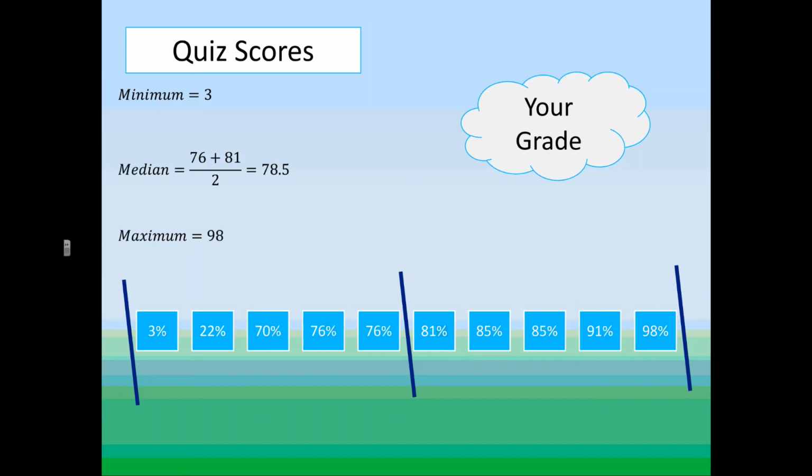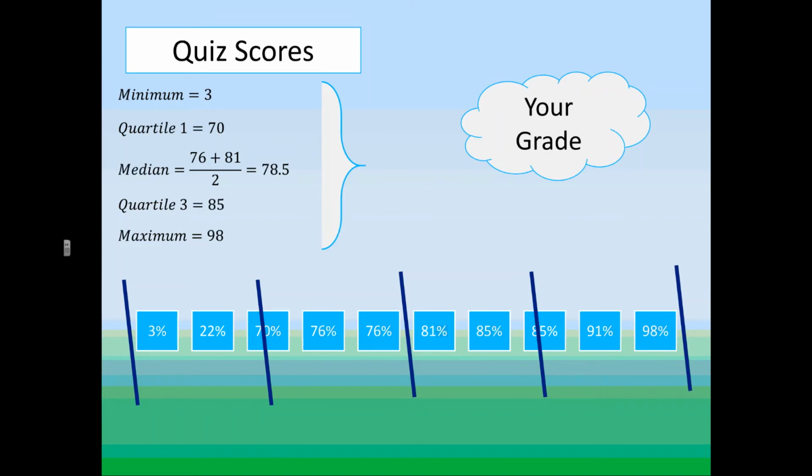Sometimes, just for fun, they decide to break it down into quartiles or quarters. So quartile 1 would be a 70%, and then the third quarter would be about 85%. Notice the second quarter or second quartile would be our median.